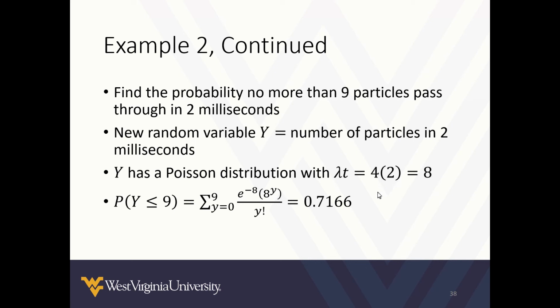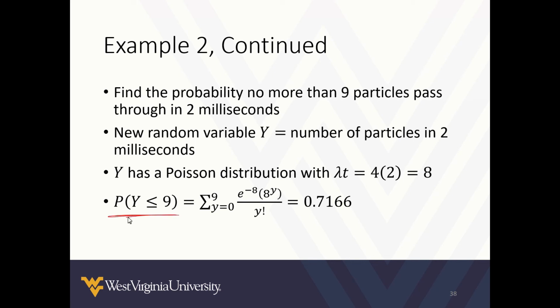Our lambda is still 4 because it is still 4 particles in 1 millisecond, but our t has altered to be 2 milliseconds. 4 times 2 is 8, and we are asked to find the probability that no more than 9 particles pass through. No more means less than or equal to, so we are going to try to find the probability of y less than or equal to 9.